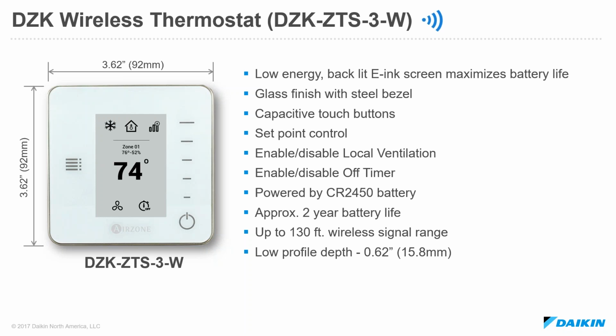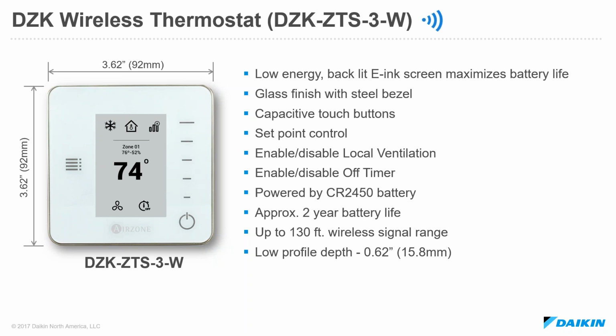So it has that same glass finish and steel bezel, but the wireless thermostat is controlled with capacitive touch buttons that we'll see in the next couple slides. This allows that zone level control for set point operation, enabling or disabling local ventilation, enabling or disabling the off timer.